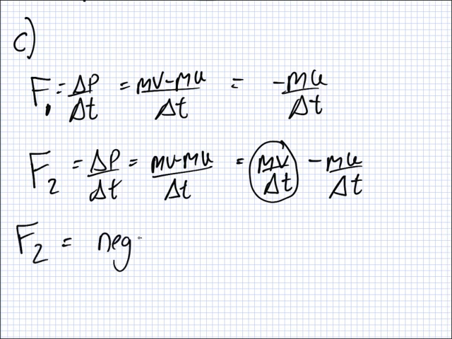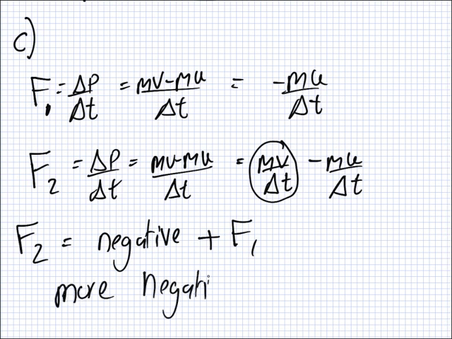F2 equals a negative number plus F1. And F1 is also a negative number. This will be more negative than F1 by itself. Obviously F2 will be more negative than F1 because you're adding on another negative number.